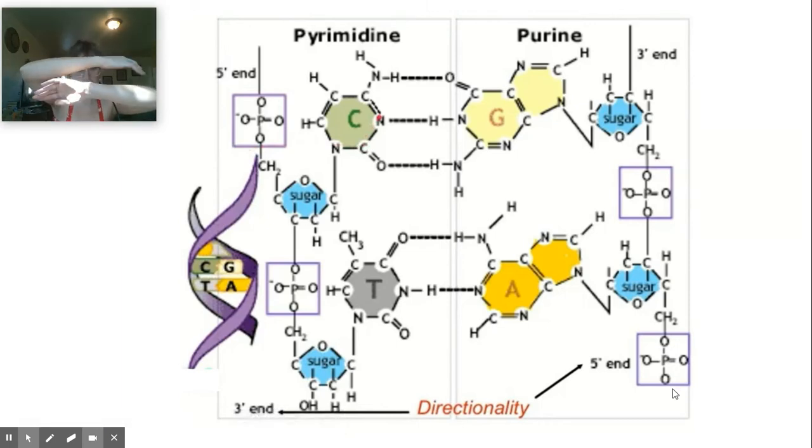And this is how we see the directionality of adding nucleotides to our DNA molecule. Okay, so something to keep in mind, new bases are only ever added at the 3' end. Okay, and we're going to get more into that as we get deeper into DNA synthesis, but we only are going to add new nucleotides at the 3' end.